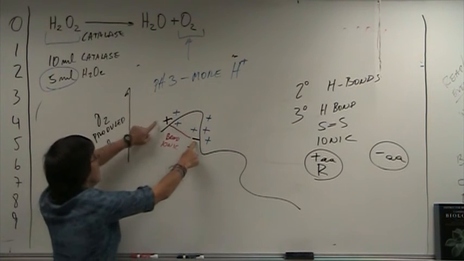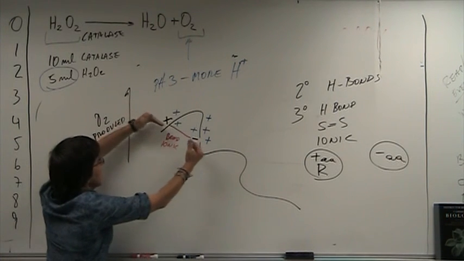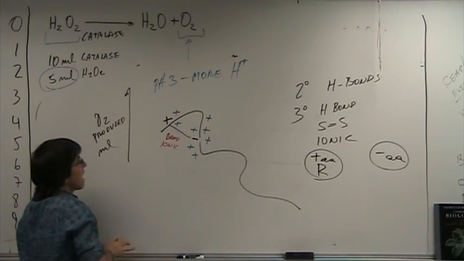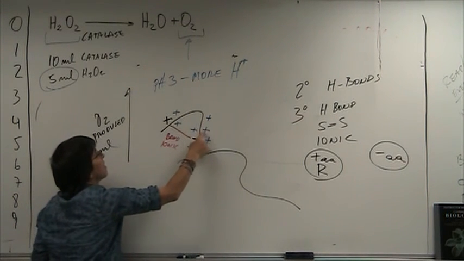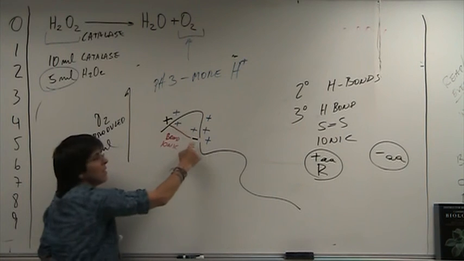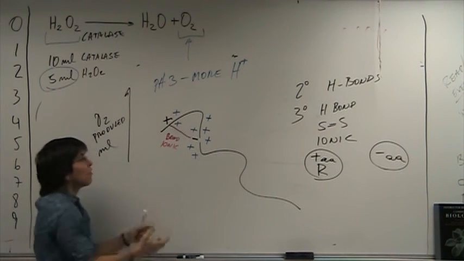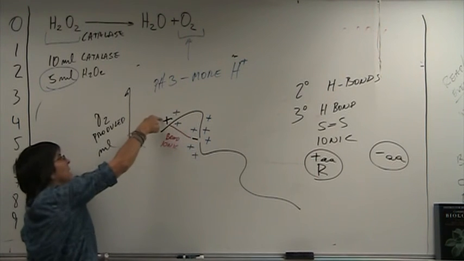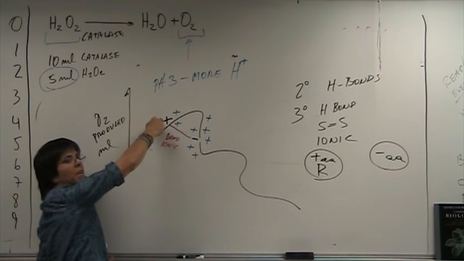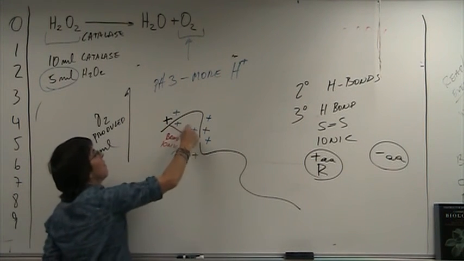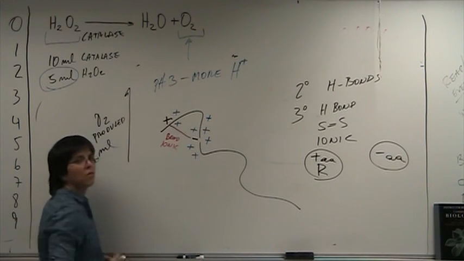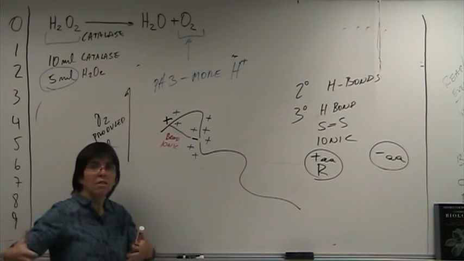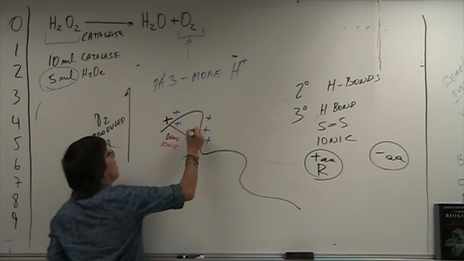So what's going to happen when you have this? This was a negative, this was a positive, they were highly attracted, and they were bonding. But notice now that we have all these positives surrounding this negative. There is competition for this. This guy not only has this positive all the way over there to bond, but you have all these other positive charges surrounding it. So what is always the easiest way? Hey, you are next to me, let's bond.